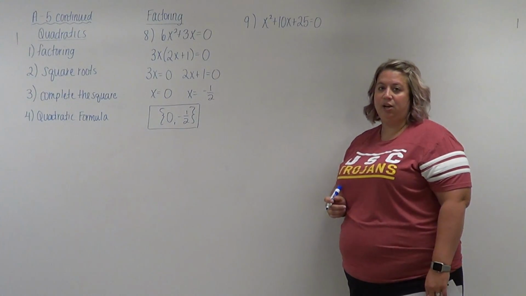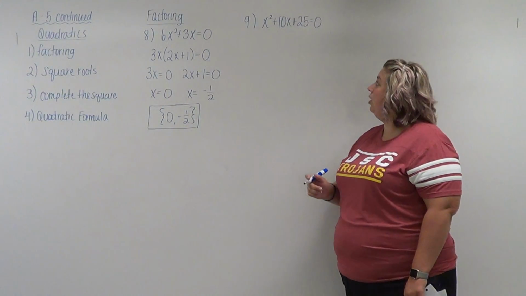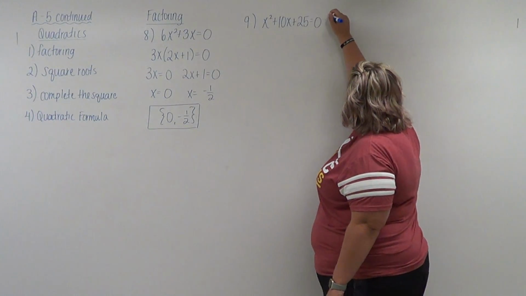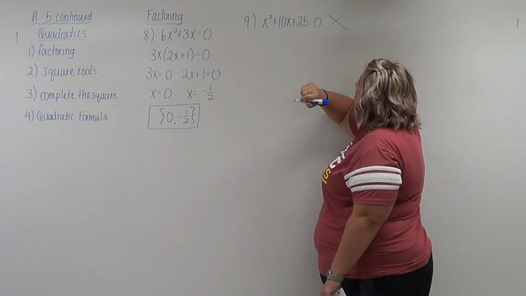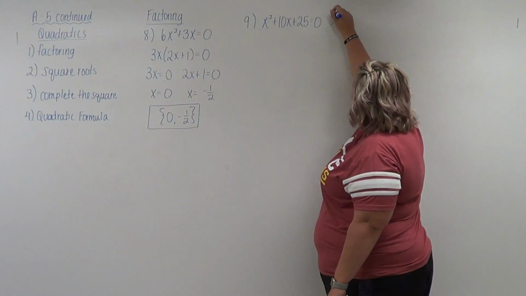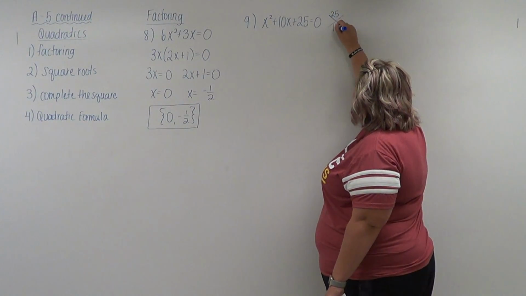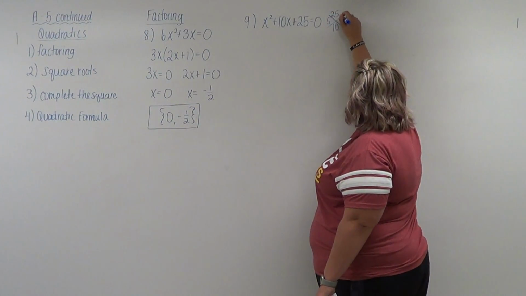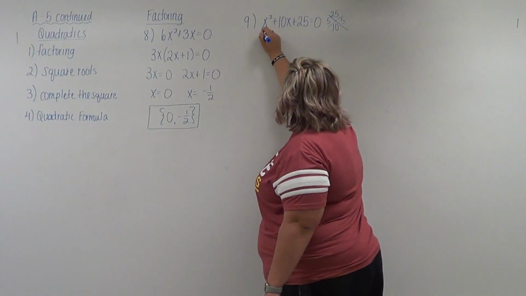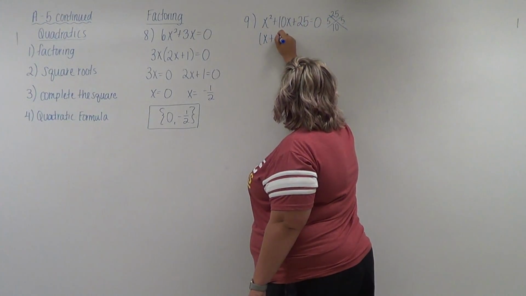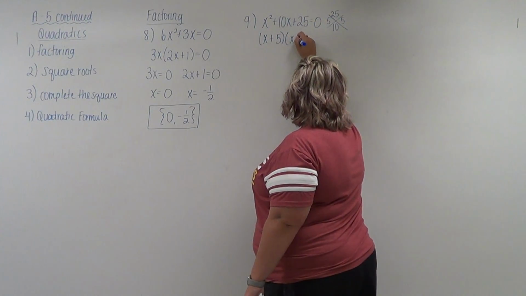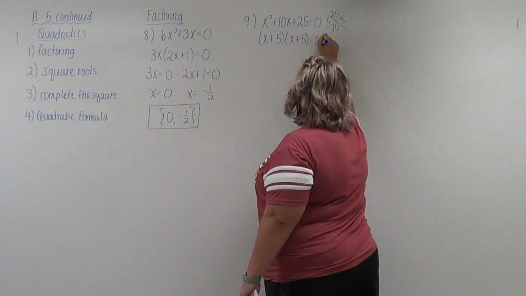Okay, this one's already set equal to 0. It's a trinomial, so on trinomials, you make the x, multiply to get 25, add to get 10, would be 5 and 5. So x plus 5, x plus 5.